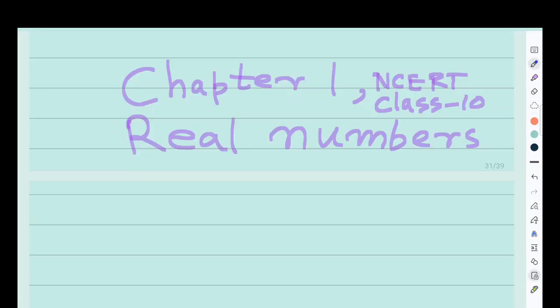We'll take up chapter 1 of NCERT class 10, which is real numbers. This chapter is quite short, but sometimes, especially when you have to prove a number to be rational or irrational, it becomes a little difficult also.